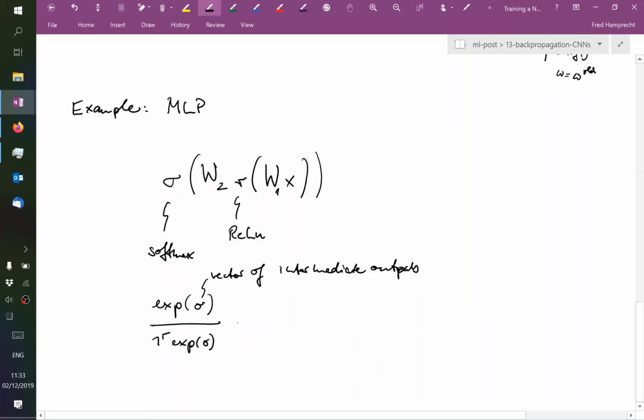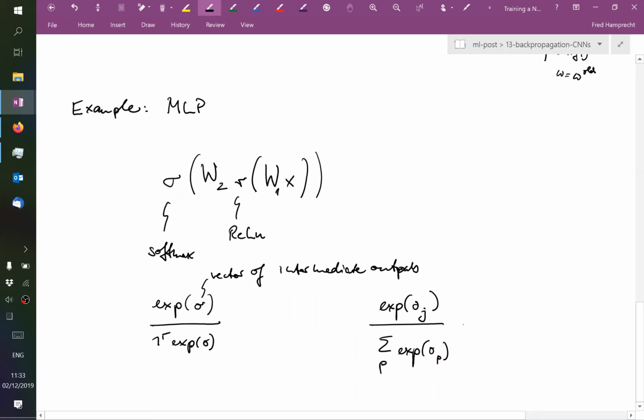So this is a new vector that I'm getting out here. Or if you want to write it component-wise, I could say it's e to the oj divided by the sum over, let's say, p of e to the op.